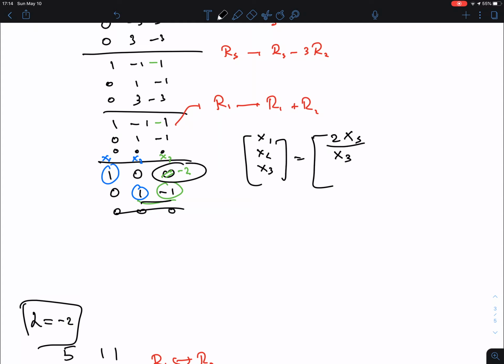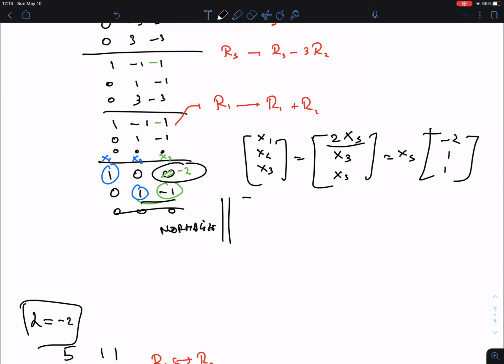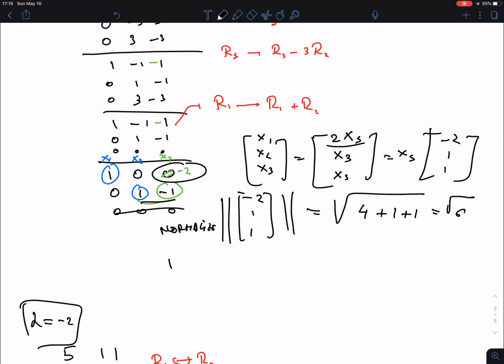And then this gives me x1 is x3, and x3 is equal to itself. So I actually get this basis vector, and the norm of this, so normalize, that is (minus 2, 1, 1). So this is square root of 4 plus 1 plus 1, so there's actually a square root of 6. And so the basis that I get is (minus 2 over radical 6, 1 over radical 6, 1 over radical 6).